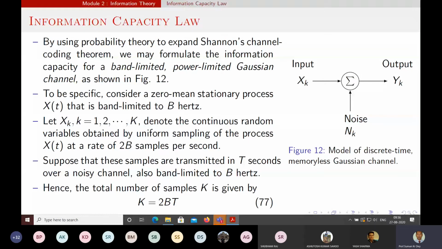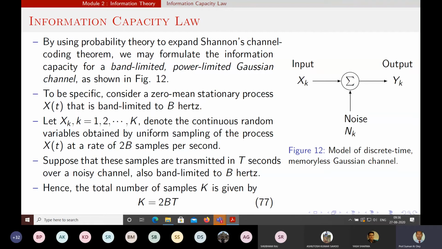So now let's discuss the information capacity law. Based on the previous knowledge that we discussed about probability theory, to extend the Shannon channel coding theory, we can formulate the capacity of information for a band limited, power limited Gaussian channel.